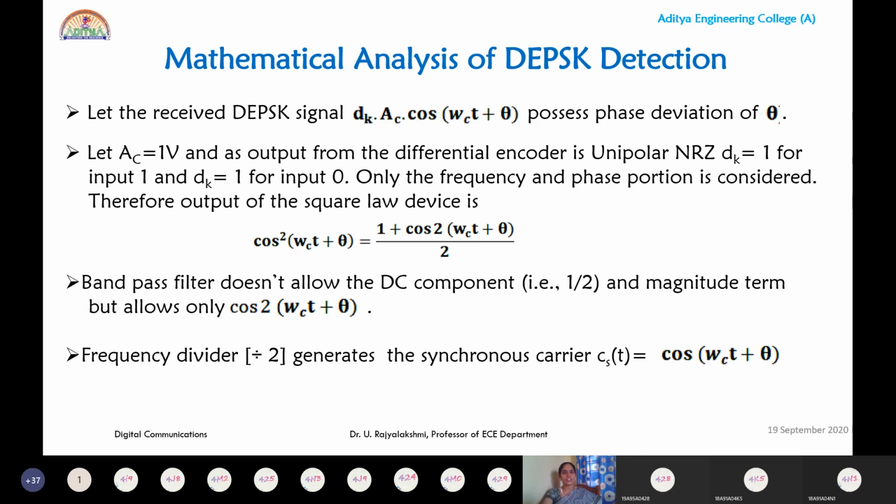Next, let us consider the amplitude of the carrier as 1 volt, and we already know the value of dk. What is the magnitude of dk?